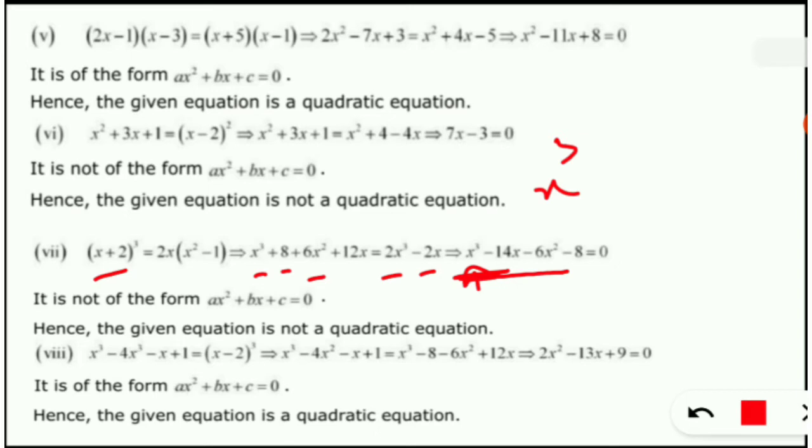So the given equation is not a quadratic equation. Why? Because here x³ term is present. Actually this is a cubic equation. Clear? So hence the given equation is not a quadratic equation. This is the answer.